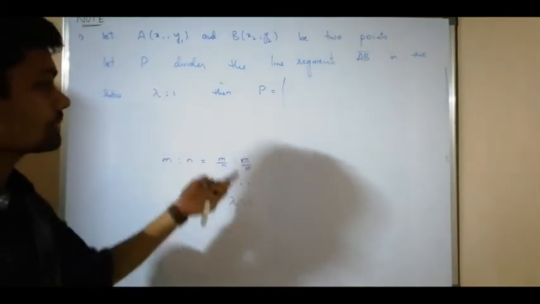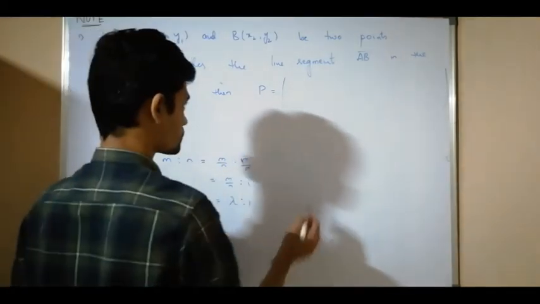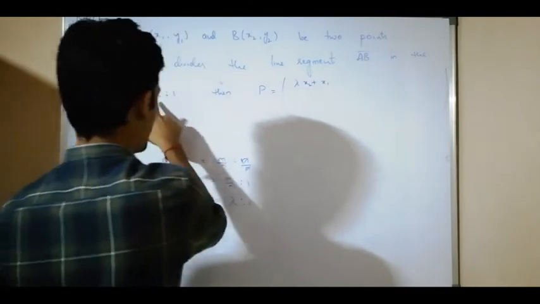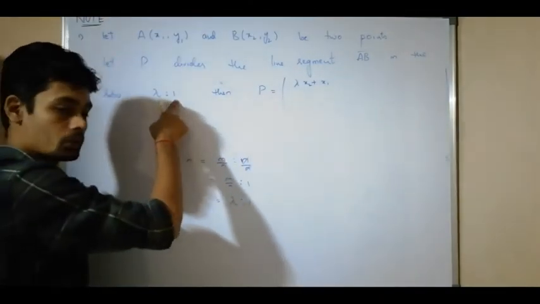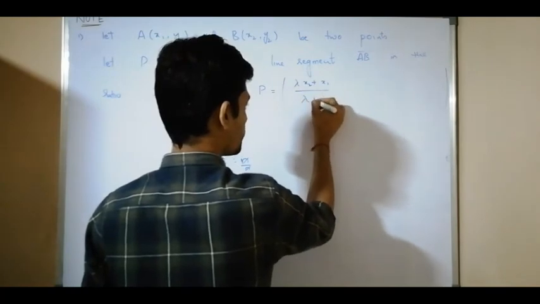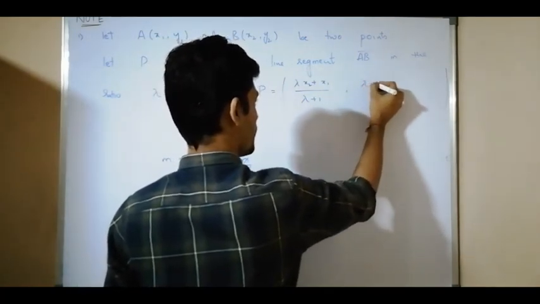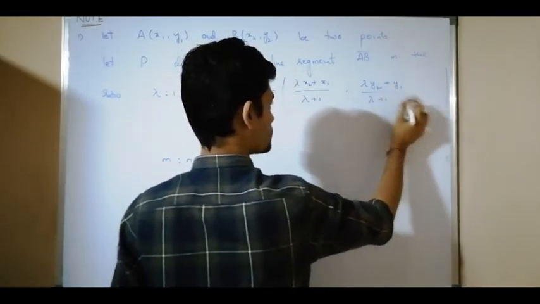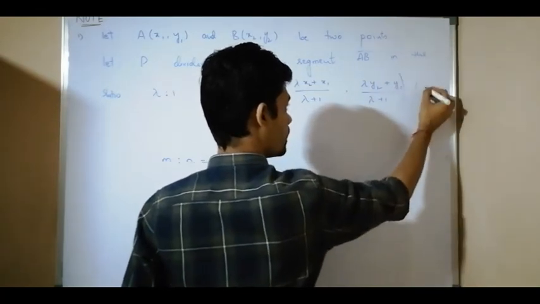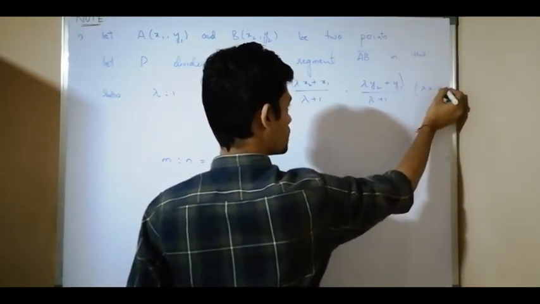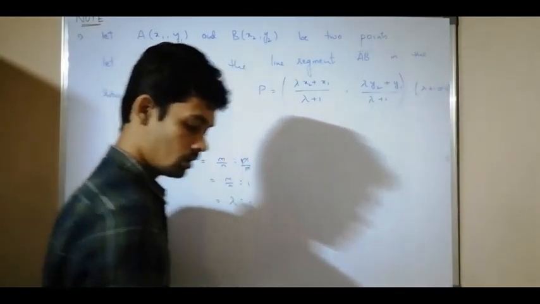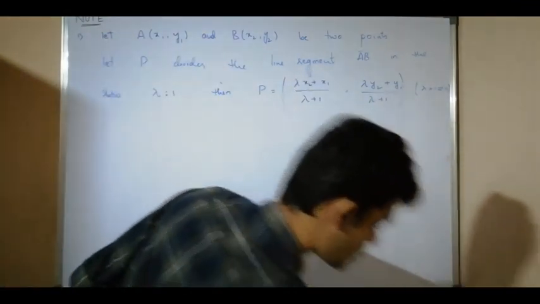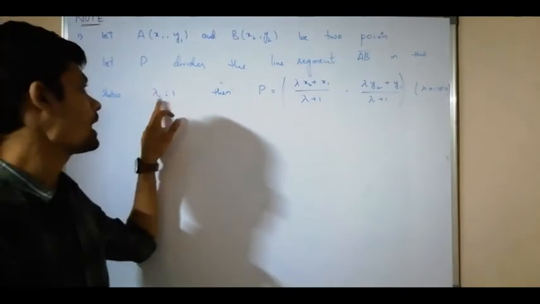Just substituting in the formula: (lambda x2 plus x1) by (lambda plus 1), comma, (lambda y2 plus y1) by (lambda plus 1), where lambda plus 1 is not equal to 0. In place of M I write lambda, in place of N I write 1. Means every ratio M is to N can be written in this format, lambda is to 1.